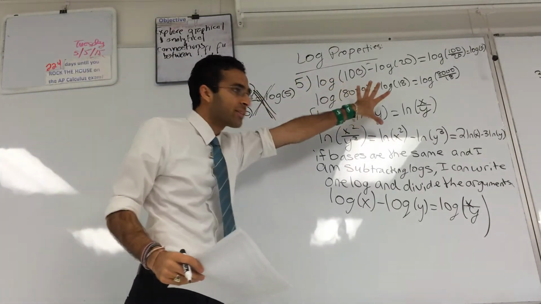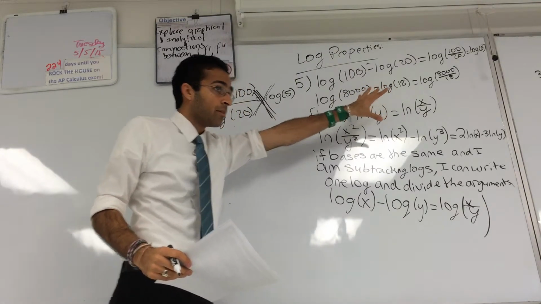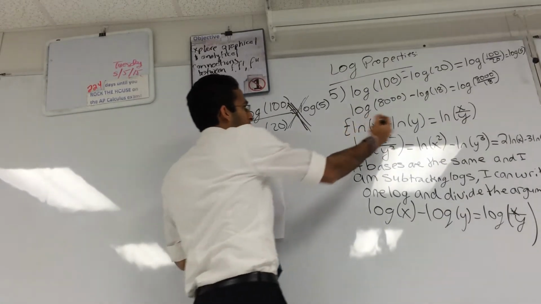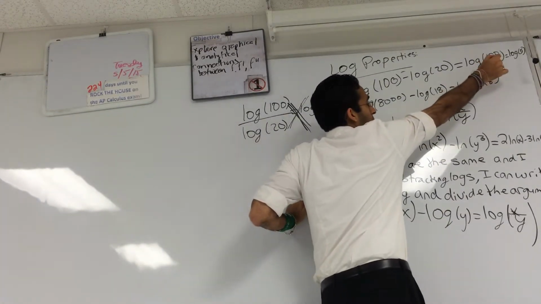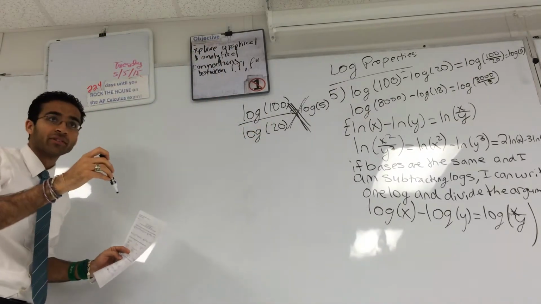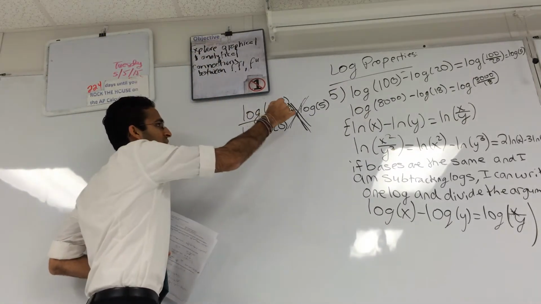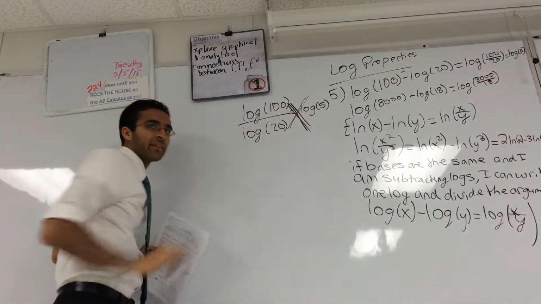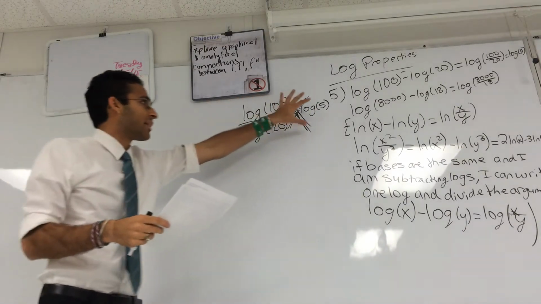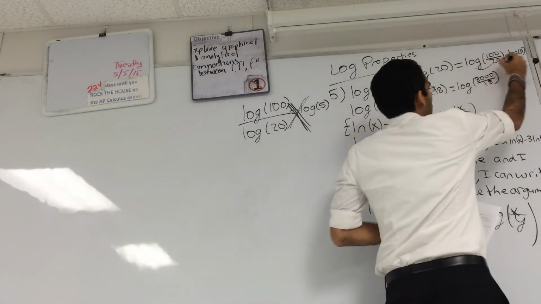This is not applying this rule. Notice the difference. Here, it was 100 divided by 20 inside the argument. You can't just divide 100 by 20 to get this. If you want to prove it to yourself, you can prove it on your calculator. These are not equal. These are equal.